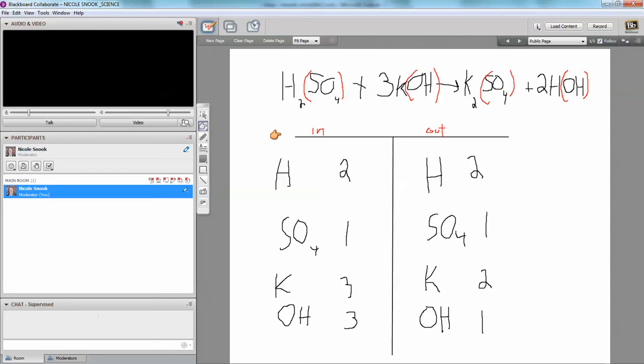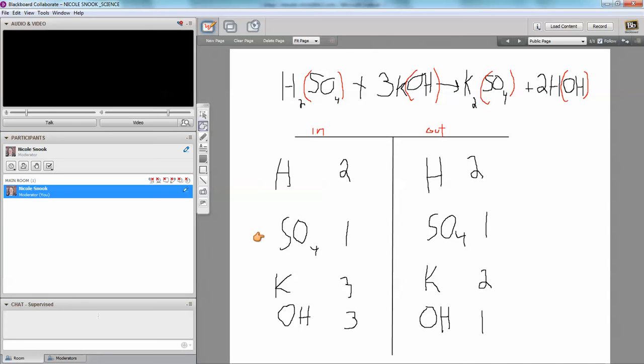The next thing you do is make a T-chart, and on one side you put what's going into the equation, which are your reactants, and what's coming out of your equation, which are your products. I've written them in order as they are on the reactant side to keep them straight. So we have hydrogen, you have two atoms of it.